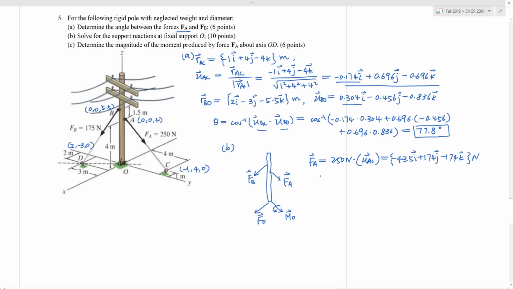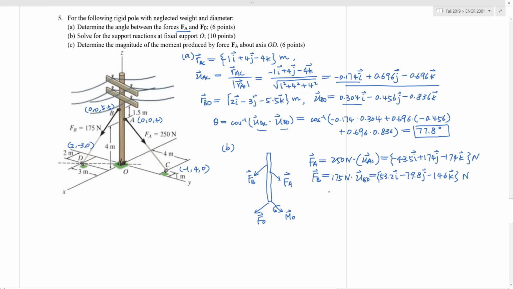Same thing, FB equals the magnitude of 175 Newton times unit vector UBD, and that will give you 53.2i minus 79.8j minus 146k Newton.